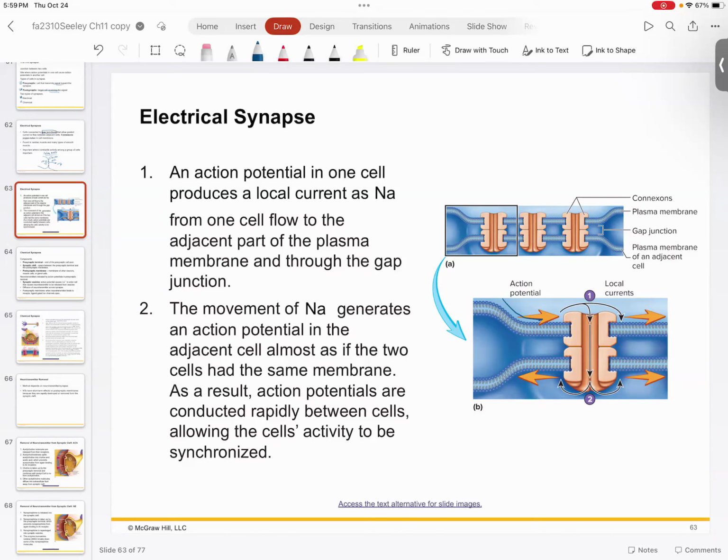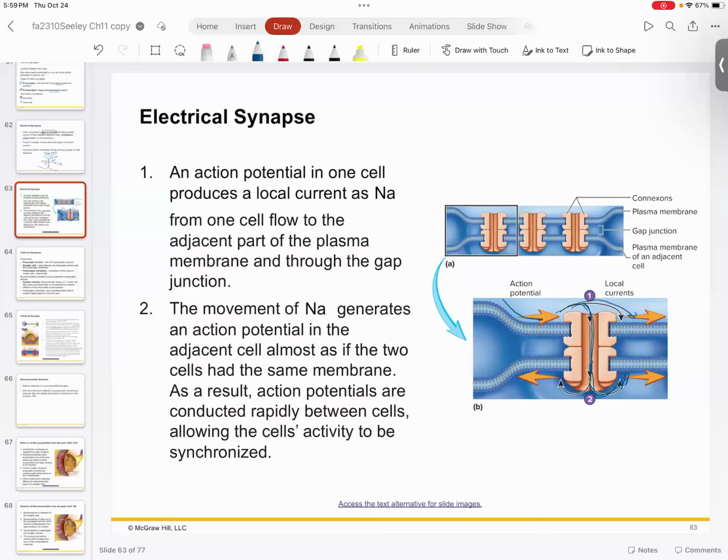And so what happens then is from the one cell, it'll flow through the gap junction to the other cell. And so that flow through of sodium creates an action potential in the adjacent cell. So you can see how your local current will trigger an action potential in the first cell, but part of that will flow through the gap junction and then stimulate also an action potential in the second cell.